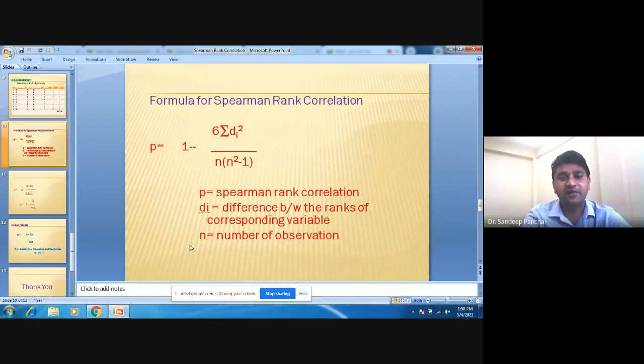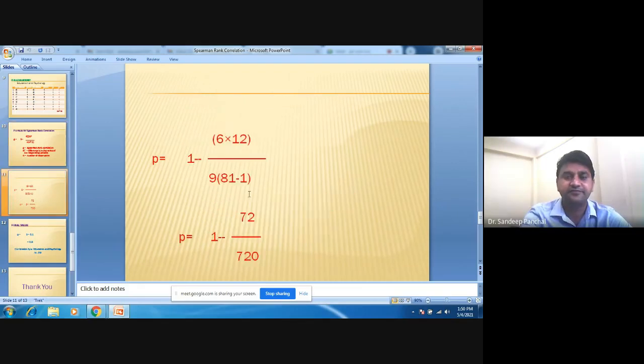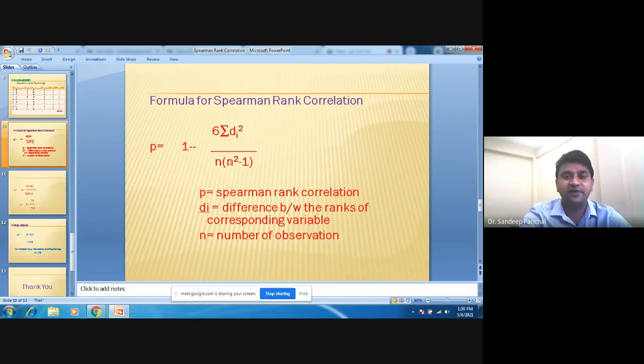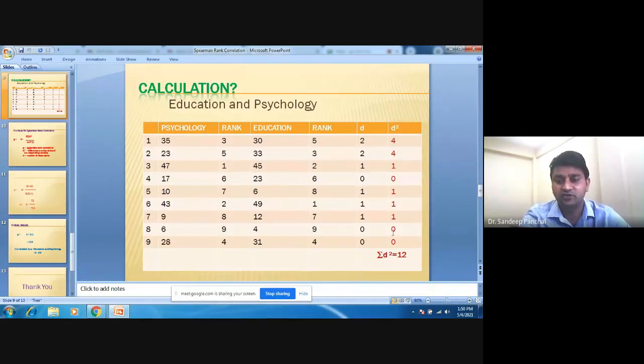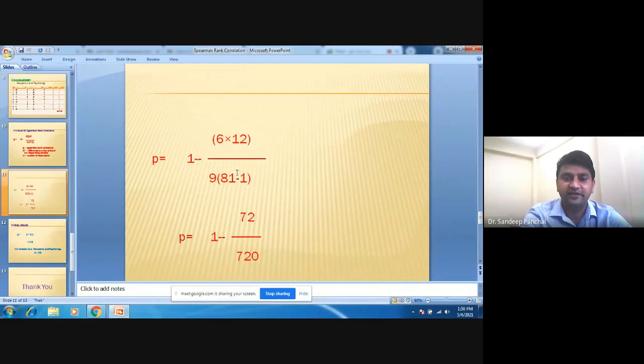So let's apply this formula to calculate the Spearman rank. You can apply the formula: 1 minus 6 into 12, 6 sigma d square is 12, by n, that is 9, n square will be 81 minus 1.